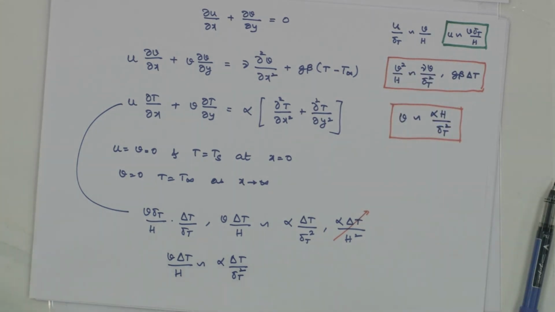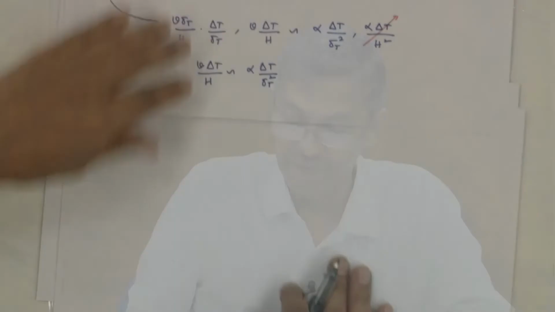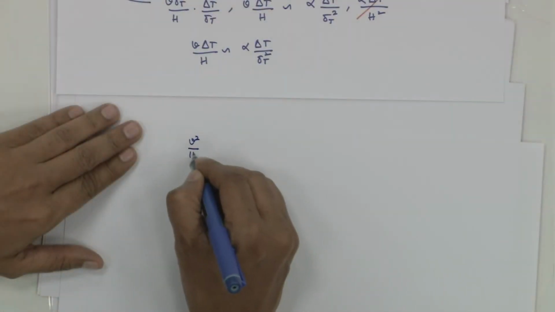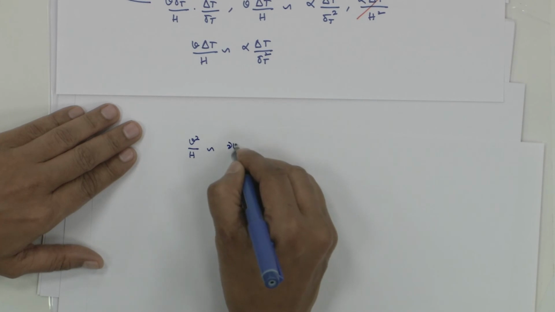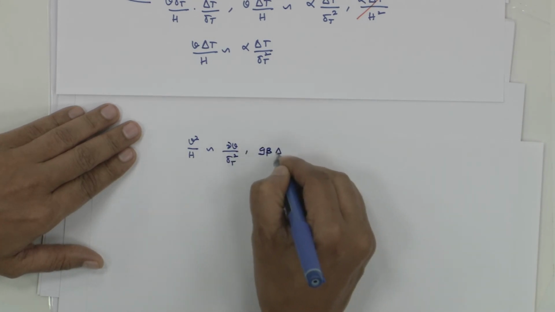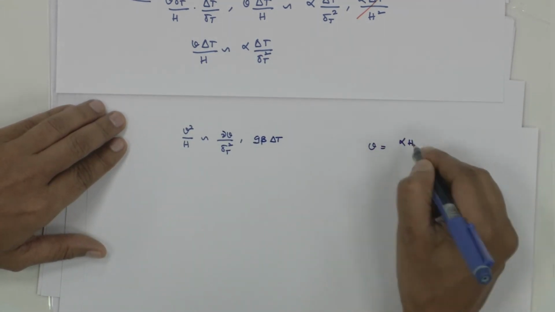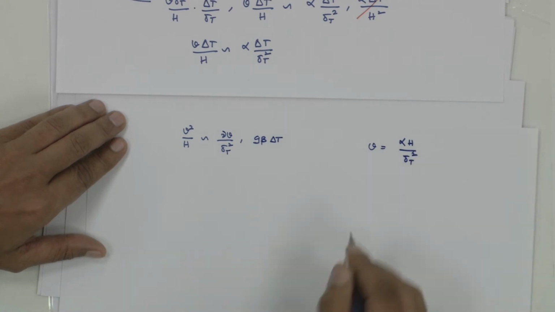Now if I take this equation, v squared by h is of the order of nu v by delta t squared, comma g beta delta T. Now I know v is equal to alpha h by delta t squared. Just now I derived it.